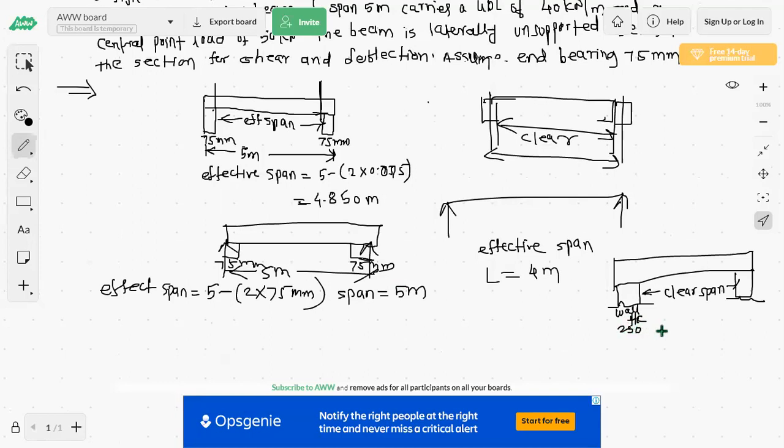So if 230 mm wall thickness is given, in this case effective span is equal to the clear span plus wall thickness by 2 plus wall thickness by 2. This is center to center between two supports, which is the effective span in this case. And if end bearings are given, we deduct these two end bearings, then we will get the effective span. Are you getting now?